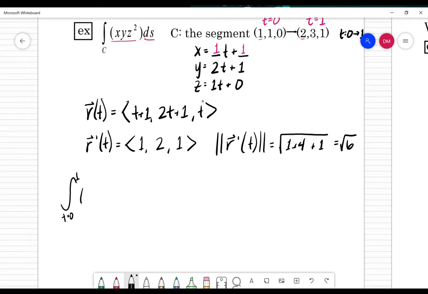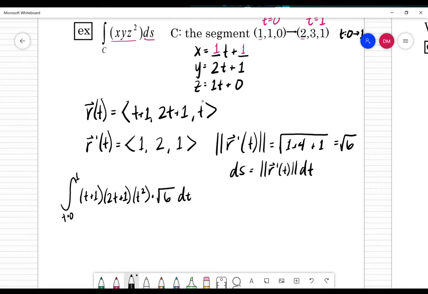That will be t plus 1 times 2t plus 1 times t squared, since it's z squared. Then we multiply by ds, equal to the magnitude of r prime dt, which is the square root of 6 dt.